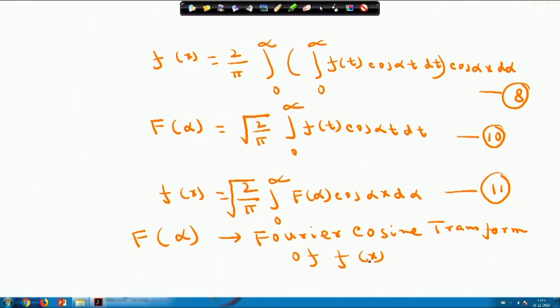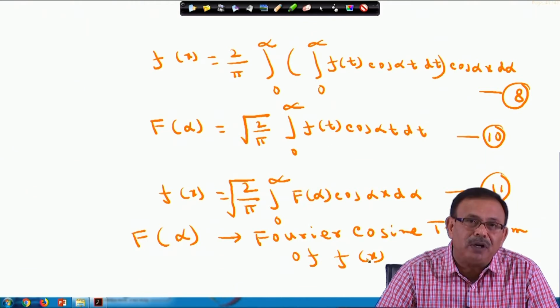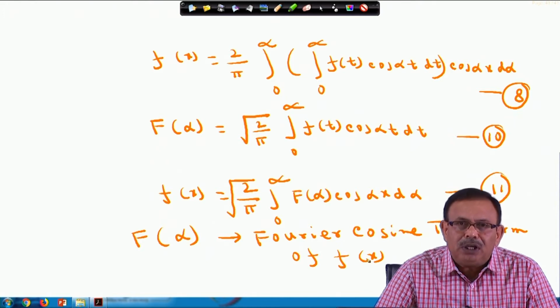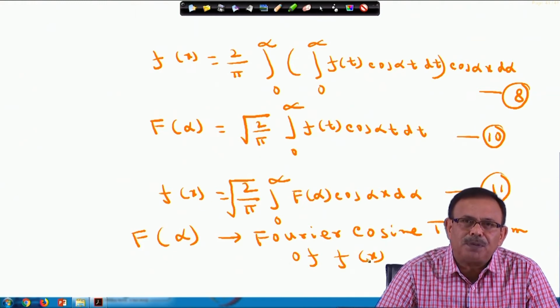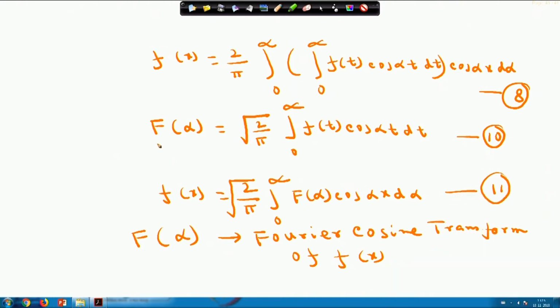From these representations we are defining what the Fourier cosine transform is. If I have a function f(x) defined on 0 to infinity, then the Fourier cosine transform of f(x) is given by equation 10: F(alpha) equals root over 2 by pi, integral from 0 to infinity of f(t) cos(alpha t) dt.